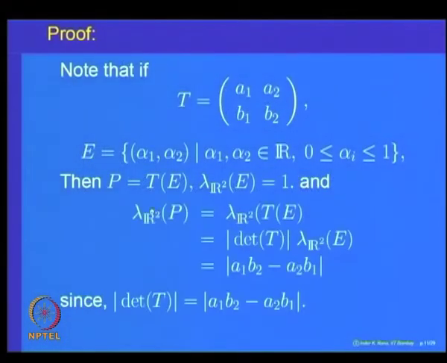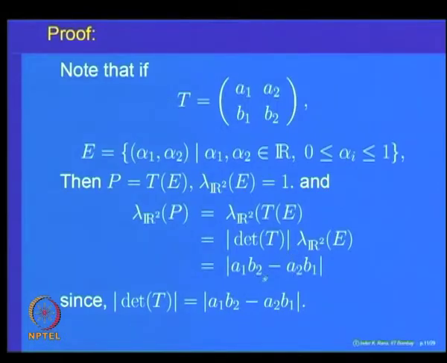So, that gives us the result that the Lebesgue measure of P is the same as the Lebesgue measure of the transformed set T of E, which is equal to the determinant of T times the Lebesgue measure of E, with the Lebesgue measure of E being equal to 1. So, that gives us the determinant of T, which is nothing but a1 b2 minus a2 b1.